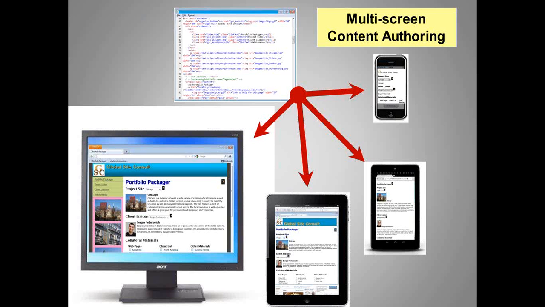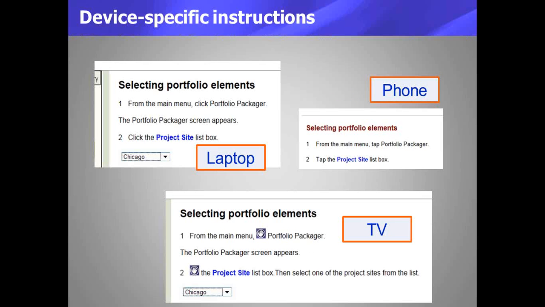You're thinking about what information types should be included for different device types, and HTML5, CSS, and especially media queries help to make a technique like this possible. And then what you can get as output from your authoring tool are different versions of a procedure for the different devices. So here you see output for the laptop, the phone, and a TV using the icon language for the Microsoft Connect.